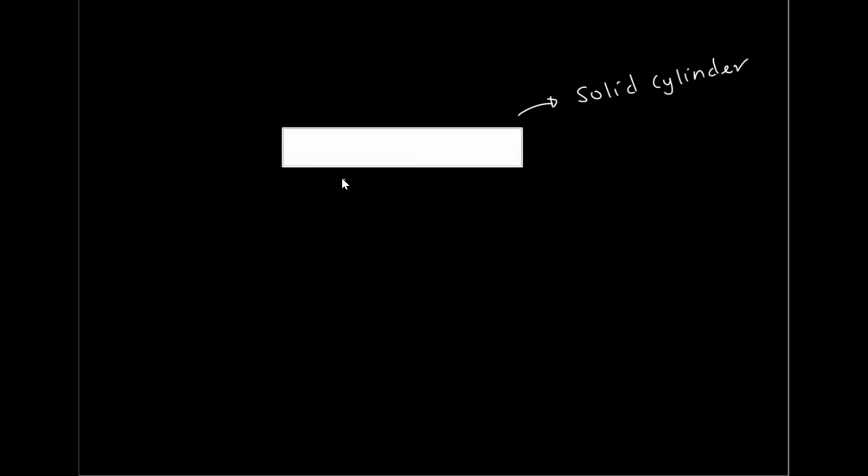The length of the cylinder is L, radius is R. Now I have an axis passing through the center of mass of the cylinder, perpendicular to the rod, and then if I rotate about this axis, what will be the moment of inertia?